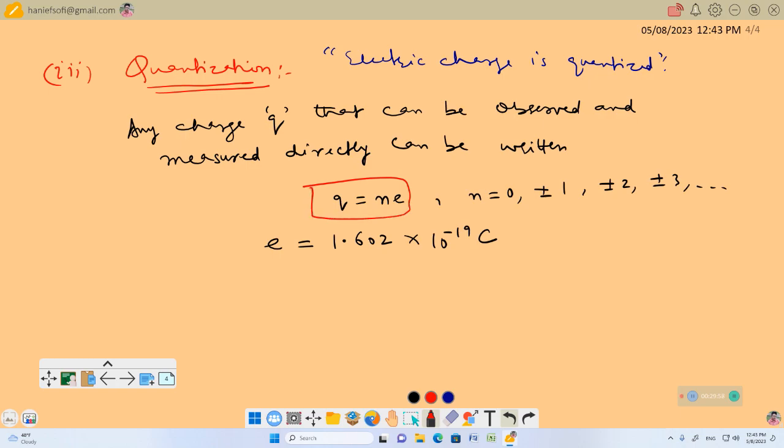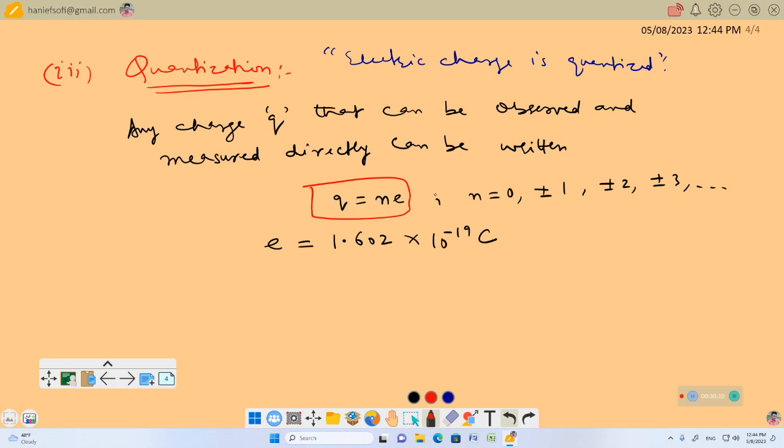I'm saying any charge which can be observed and measured will satisfy this relation. That means if you measure the charge of a neutral body, then n is zero. Its charge is zero. Now, if you measure the charge of some glass rod or plastic rod, it will always fall in this equation.